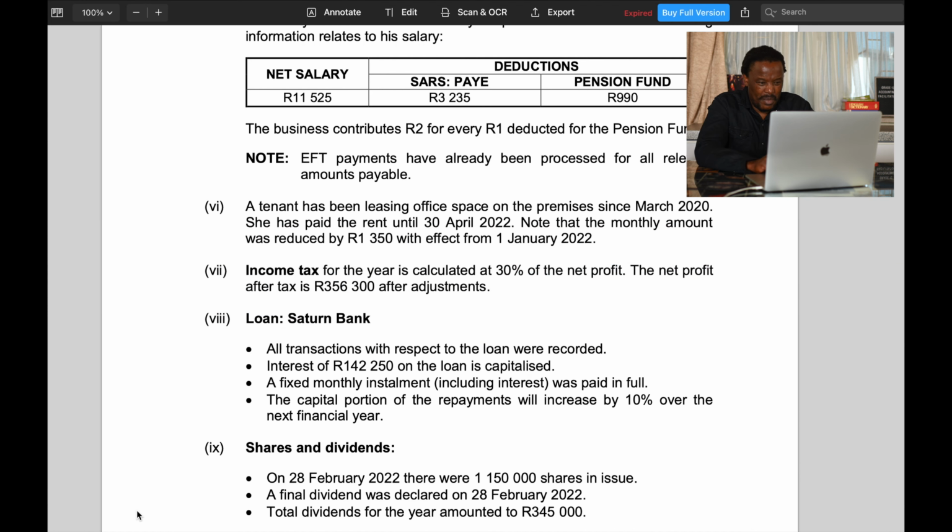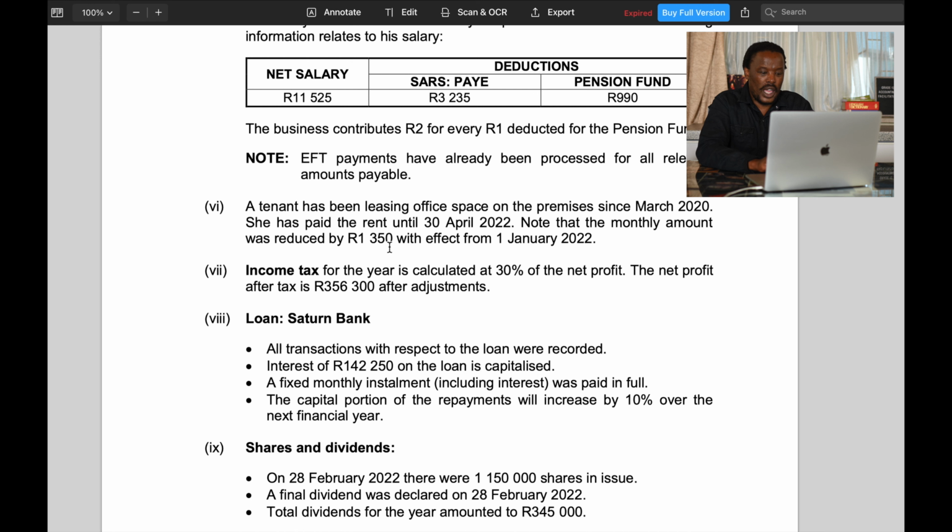Let's read the statement. It says, note that the monthly amount was reduced by 1,350 with effect from 1 January. January, February, March, April. So on these 4 months it was reduced by 1,350.